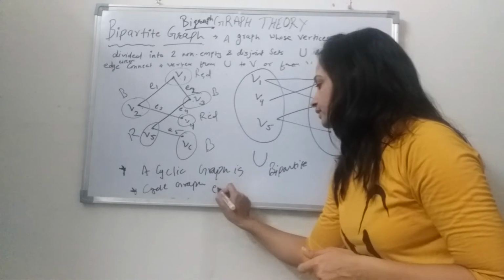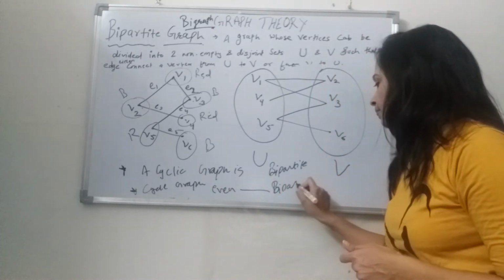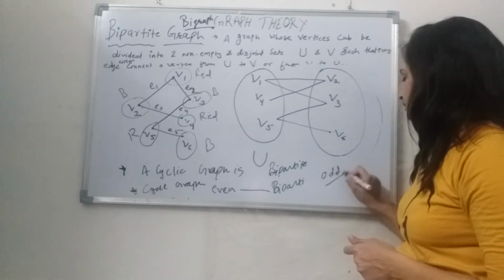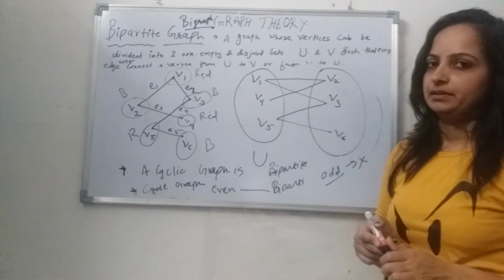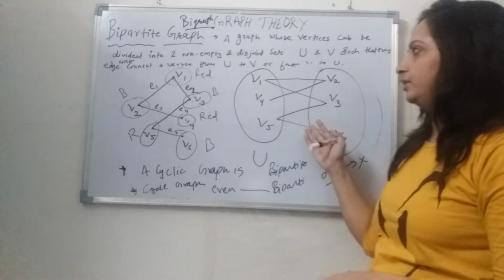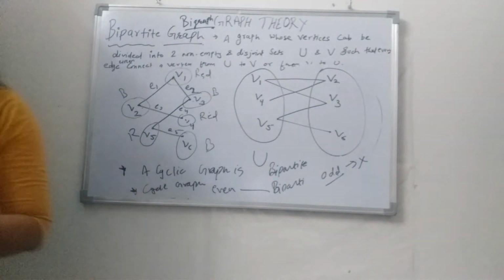If it has an even number of vertices, then it is a bipartite graph. But if it has an odd number of vertices, it is not a bipartite graph. Let's take an example of a cycle graph. You can note this example if you want to.